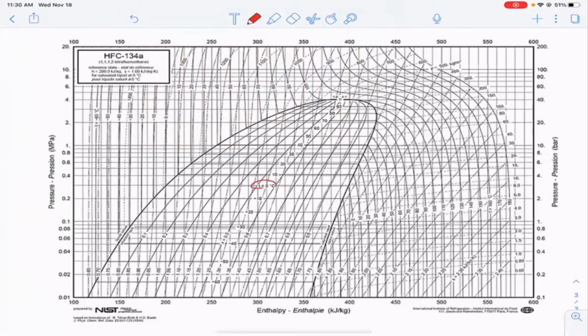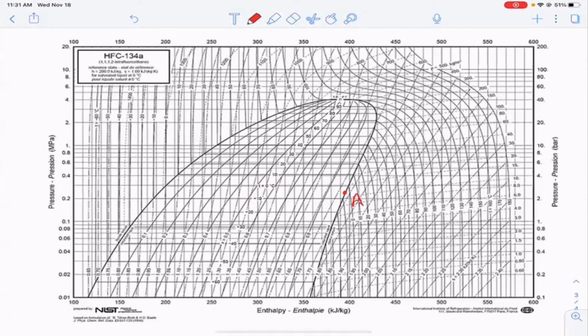So this line here is 0, and this here is -10. So if I know that point A is at -6, I'm going to find a point that's just a little bit beyond the middle of those two. And when I do that, I will immediately go straight down and try to read off the enthalpy.